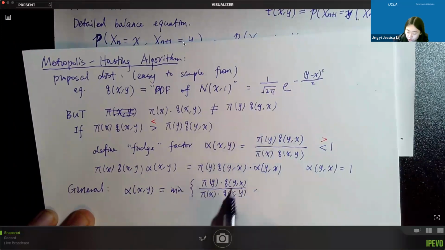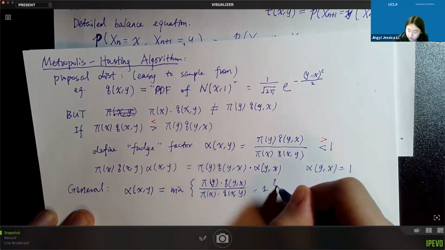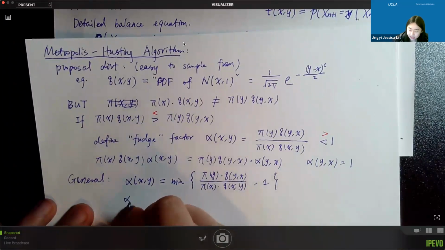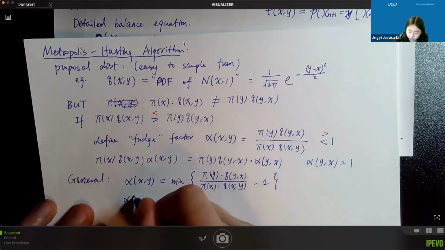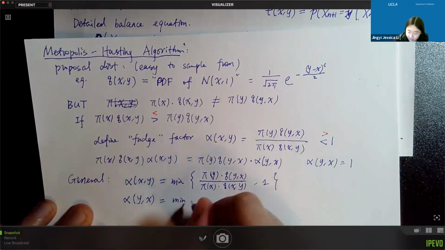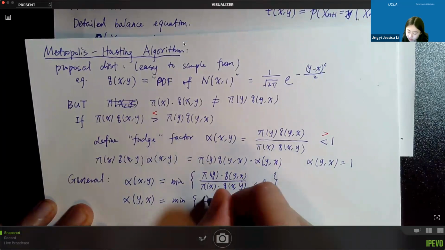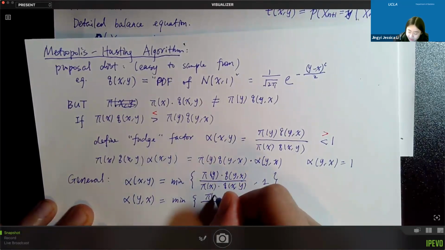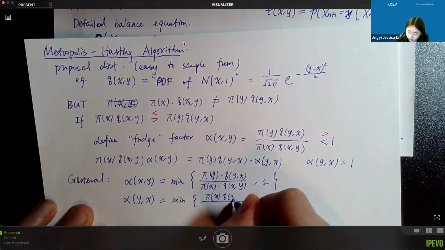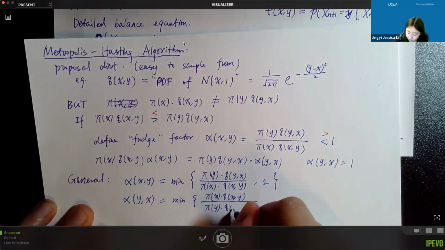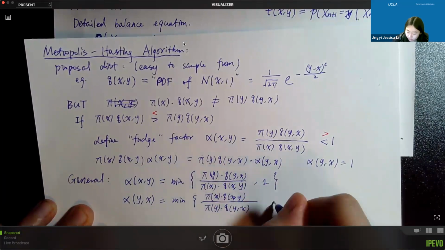The minimum of this ratio and 1. So that's what we can do for alpha x y. And this definition is general because whenever we swap y and x, we are going to have alpha y x as the ratio where the numerator and denominator are swapped: pi x q x y divided by pi y q y x, and 1.